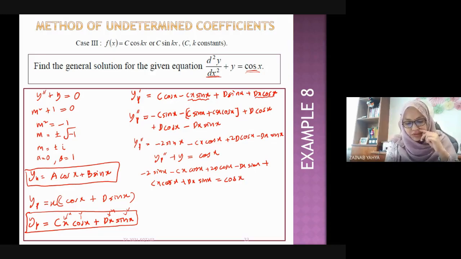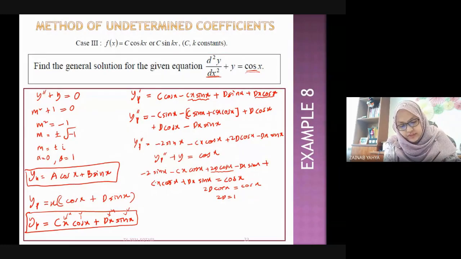So we just choose the term with cos x to compare. Is there any term with cos x? So we have 2d here. 2d only, right? Without the x. So 2d cos x equals cos x.